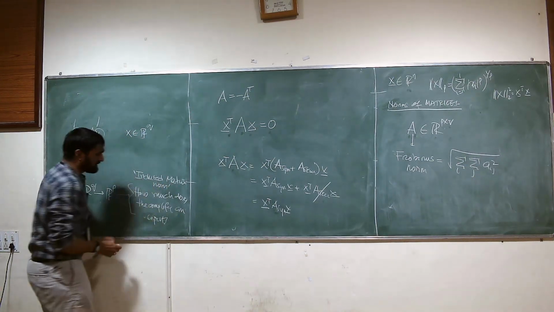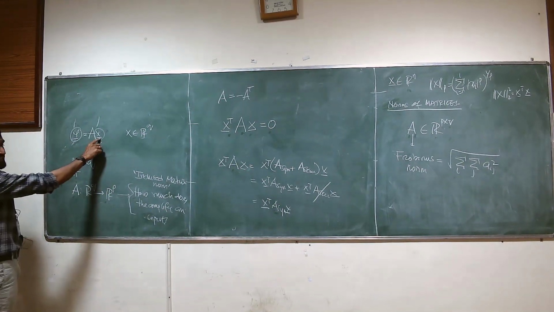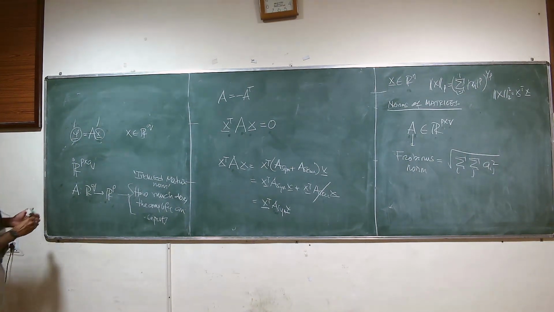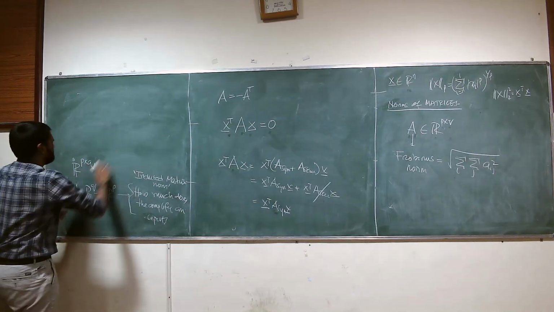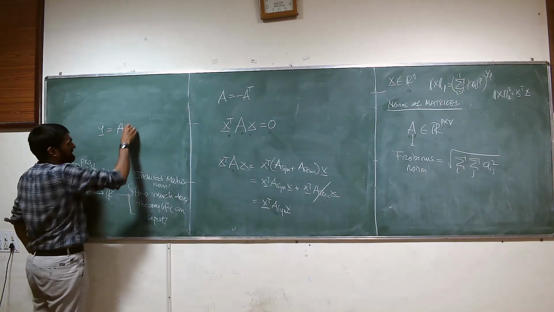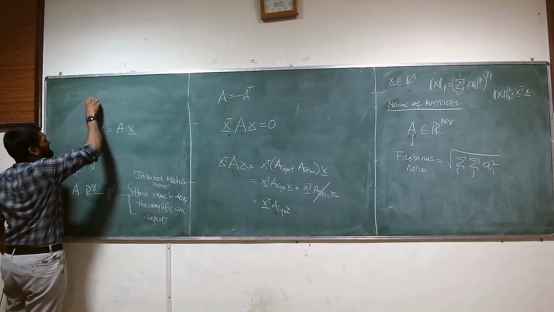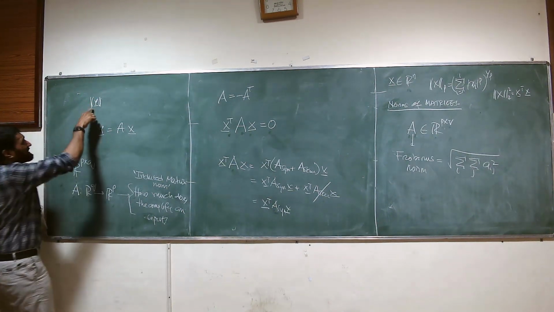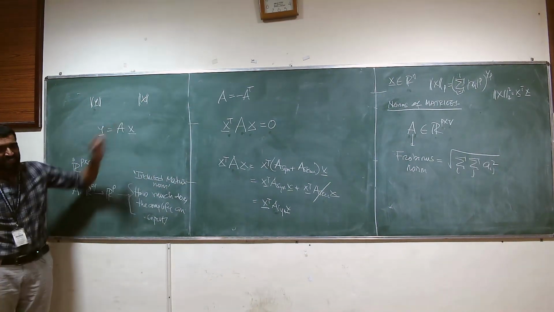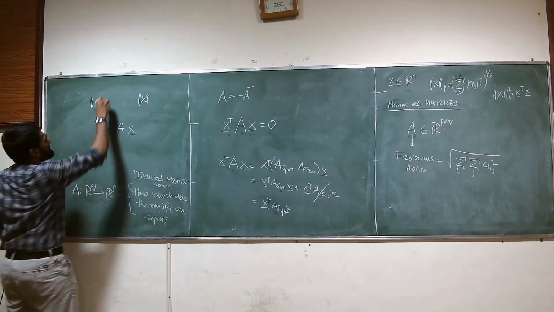The simplest way to think about this is a measure of how much my matrix amplifies my vector x when it takes a vector from the R^q space to the R^p space. Now we know y is Ax. I could now ask, what is the size of y? Let's say this represents the size of y, and this represents the size of x, the input vector.